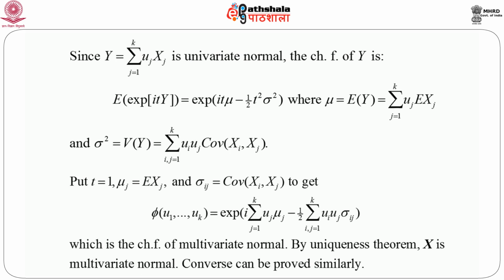Now, again, as we did in the case of Cramer-Wald device, just put t equals to 1 and define mu j as expectation of Xj, sigma ij as covariance between Xi and Xj.